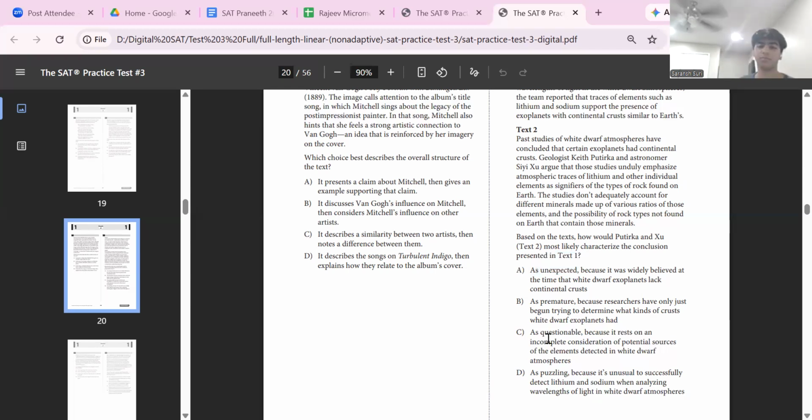Yeah, that's true. It will save a lot of time because you don't have to think about all these extra details here, everything which is after "because" is extra details. So you can read it later once you have figured out an option. Yeah. And if I look at these four words, the studies don't adequately account for something, which means the explanation is incomplete.